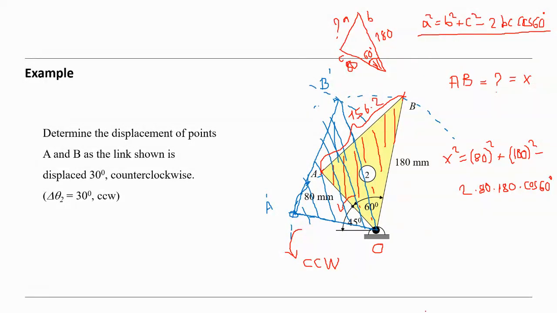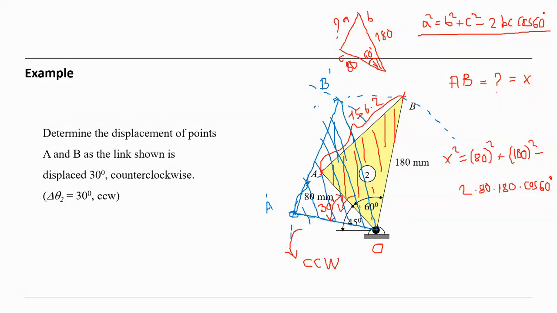Then we can draw the angle here, 30 degrees and 30 degrees, and we know the lengths. I mean we know all the lengths: OA, OB, and AB.